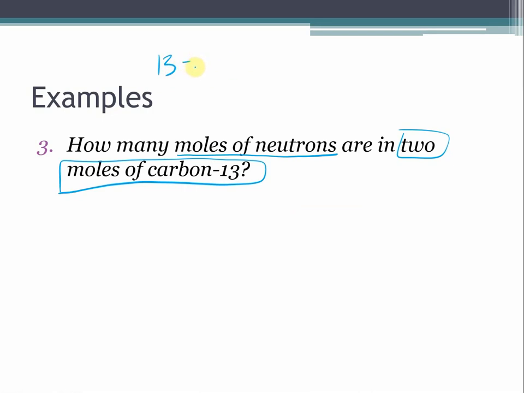If you look on your periodic table, carbon has an atomic number of 6, so it has 6 protons. 13 minus 6 is 7. So what that means is that 1 atom of C13 has 7 neutrons, is equal to 7 neutrons. And since we can write this as a statement of equality, we can use it as a conversion factor.